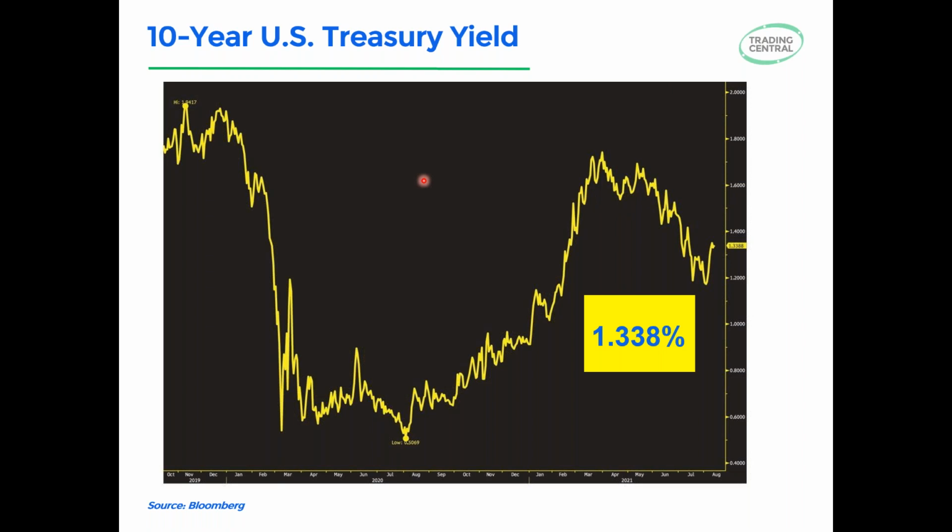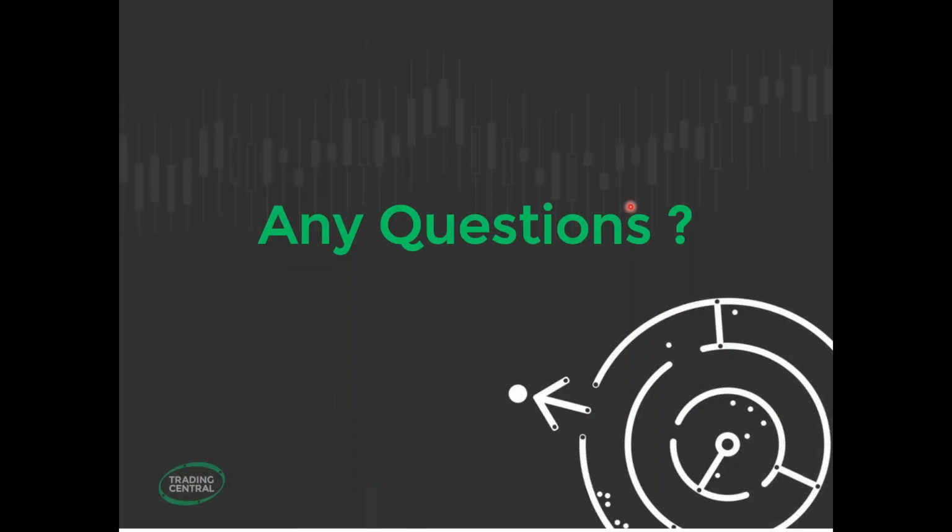And this lower Treasury yield is good for tech stocks or growth stocks. Remember, at the start of the year we saw this yield rising, and we had a sell-off or consolidation in technology stocks. Now we see that this yield is coming lower, and I'm quite confident that tech stocks will have a good run because of this. Thank you very much. So, anything I can help with?